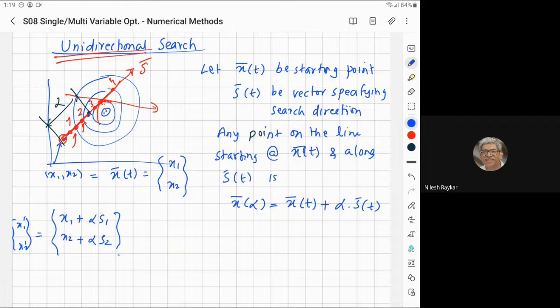Since x1, x2 are varying infinitely in your space, out of that we are only searching along a particular direction. So you don't require both x1 and x2. Since you have fixed the direction, you only specify how much distance from the starting point, and then you'll get the two coordinates.